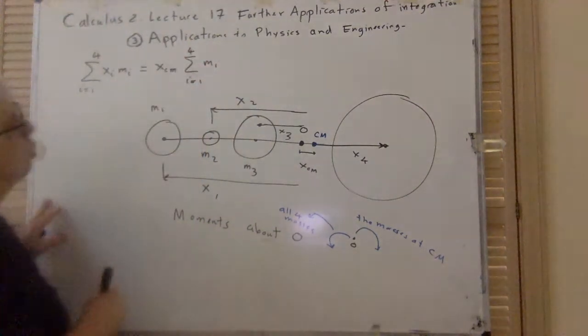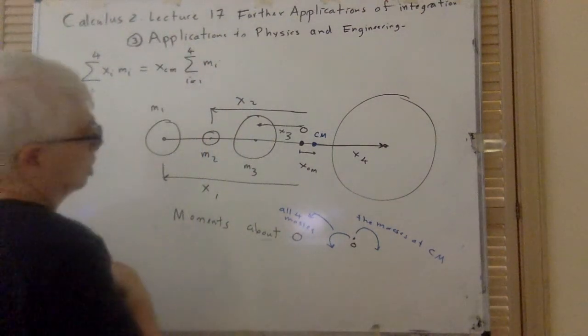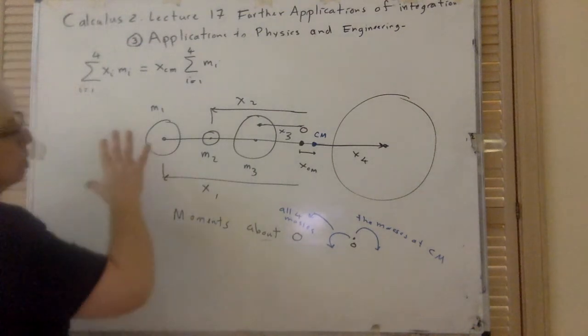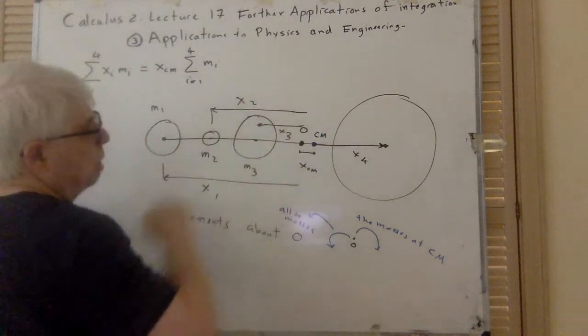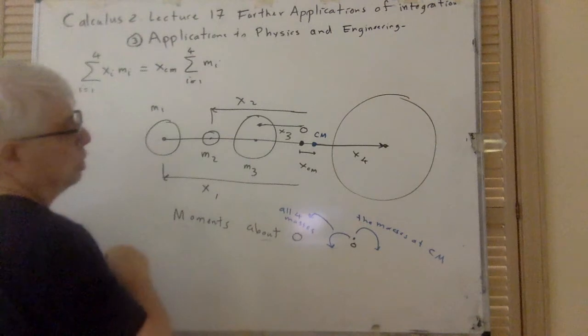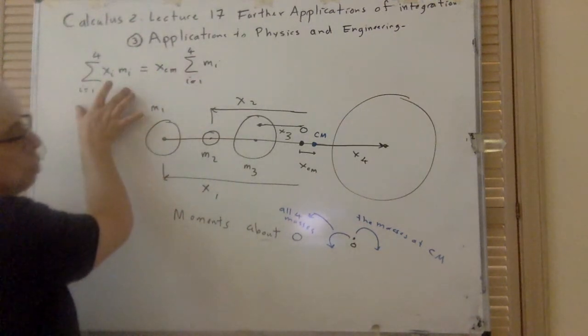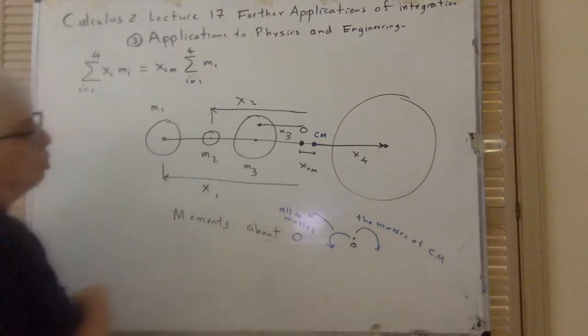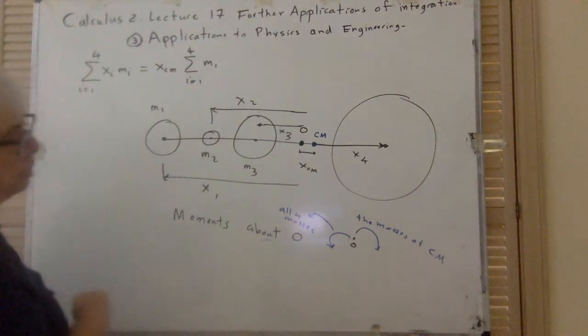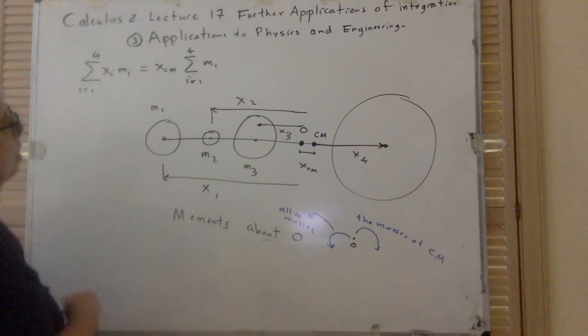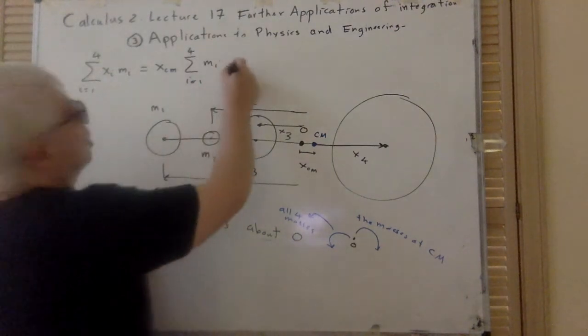In this case, from 1 to 4, right? So if I put the whole mass, the mass of the system at this point, the moment of this should be equal to the sum of all the individual moments, okay? And this gives me a formula for XCM.